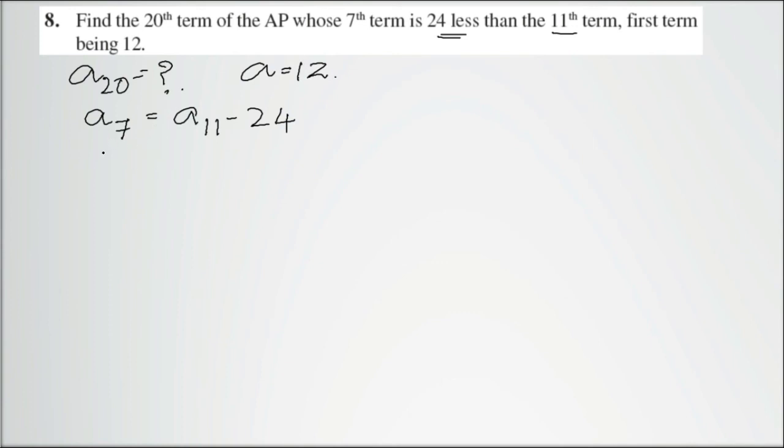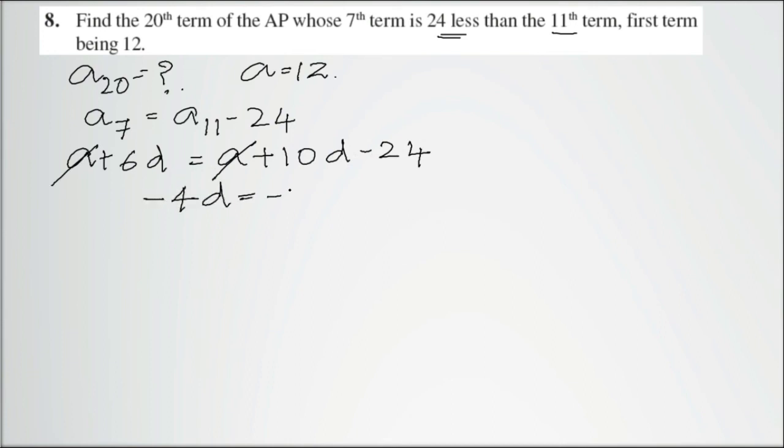Let me use this concept of An, which is equal to A plus n minus 1 into D. So A plus 6D will be equal to A plus 10D minus 24. A gets cancelled and we get negative 4D equal to negative 24. The value of common difference is positive 6.